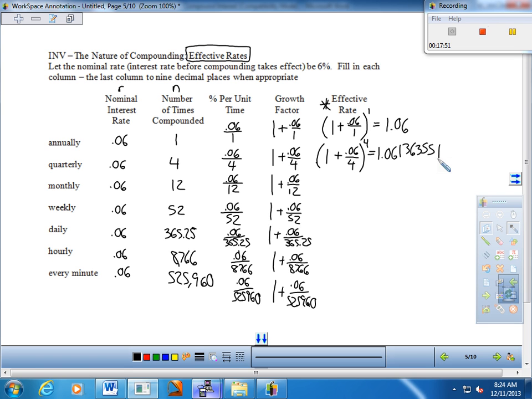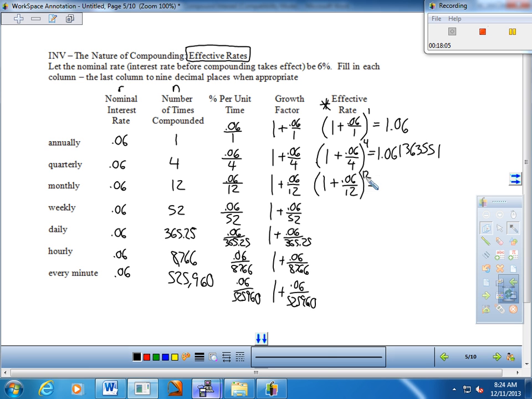Okay, good. Now, I would ask you this even before we do the calculation. Do you think if it's compounded monthly, our effective rate's going to be greater than or less than this value right up here? Should be greater than, right? The more chances that the interest gets to earn interest over the course of the year, the greater the effective rate.